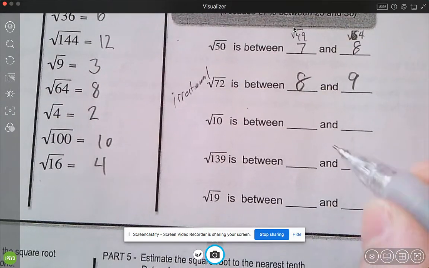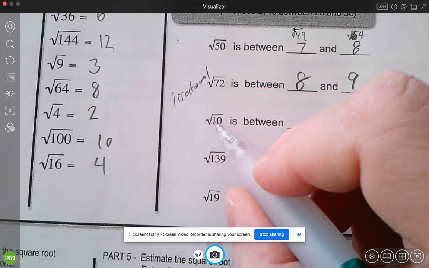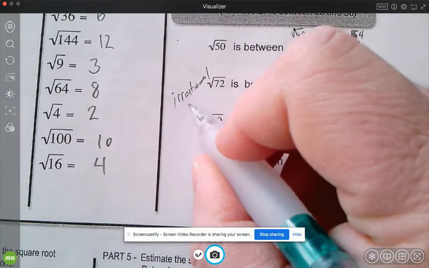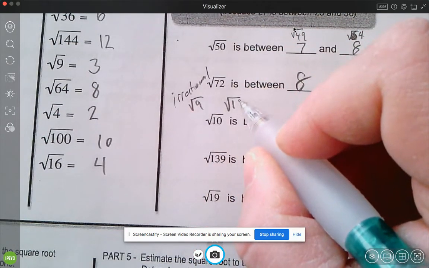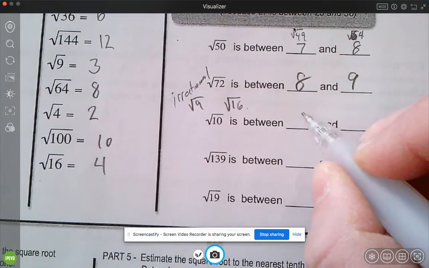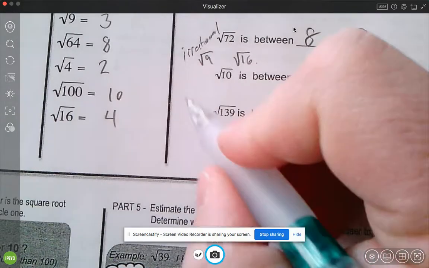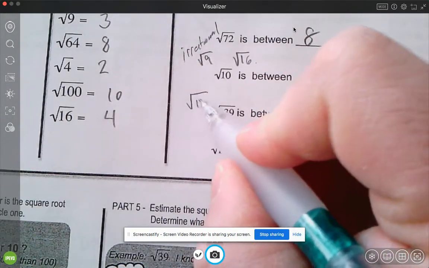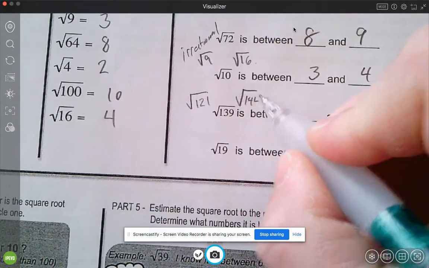Let's be more specific just for today's lesson. What two square roots is the square root of 10 between? Yeah, it's between the square root of 9 and the square root of 16. So it's between 3 and 4. How about the square root of 139? Yeah, it's between the square root of 121 and the square root of 144.